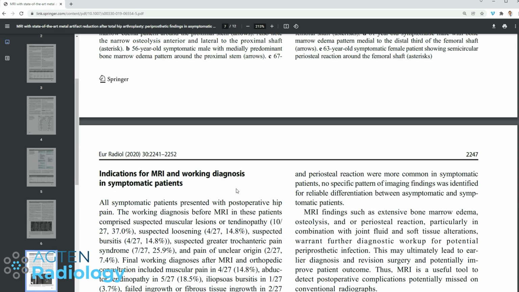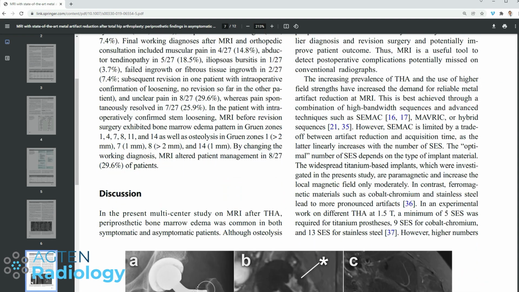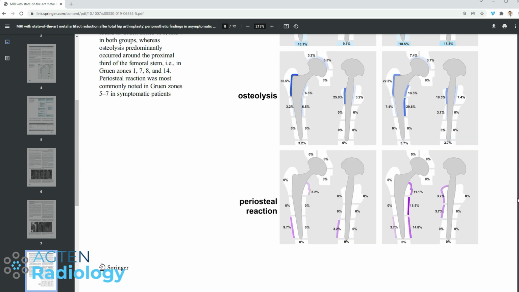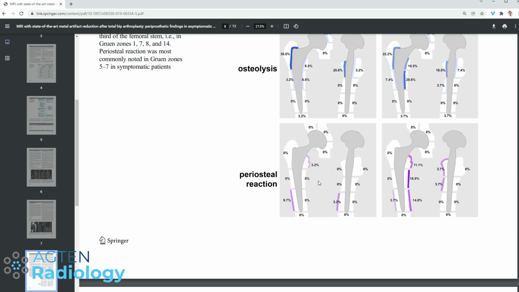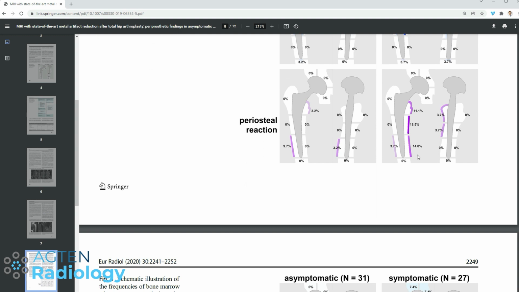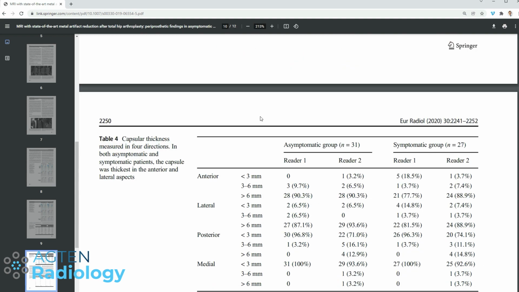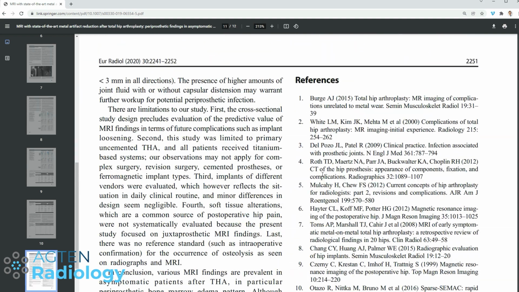Obviously, because you can have it in symptomatic and asymptomatic patients, we need to have the corresponding clinical correlation. So these studies basically just show the periosteal reaction in asymptomatic and symptomatic patients, and you can have it in both, in different locations, etc. So you can go and have a look at it here. Certainly clinical correlation is really necessary.